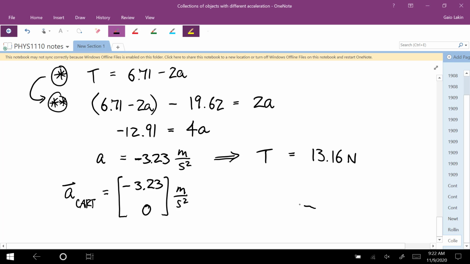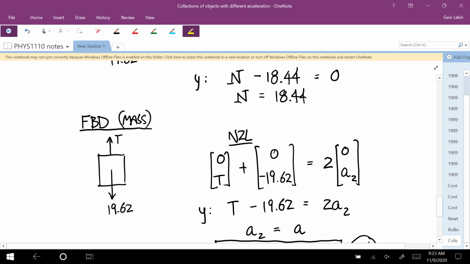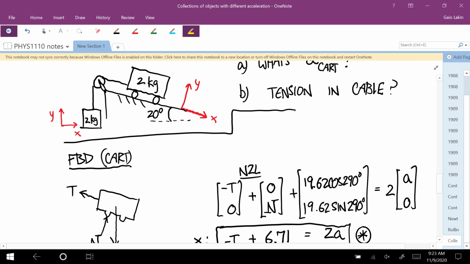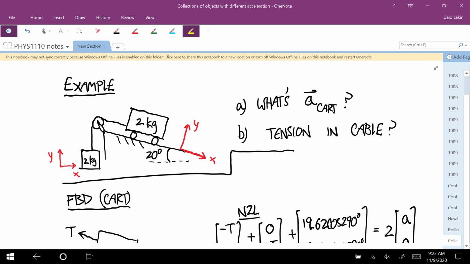Or in other words, an acceleration up the ramp of 3.23 meters per second squared. So this 2 kilogram mass is enough to make the 2 kilogram cart accelerate up the ramp toward the pulley.